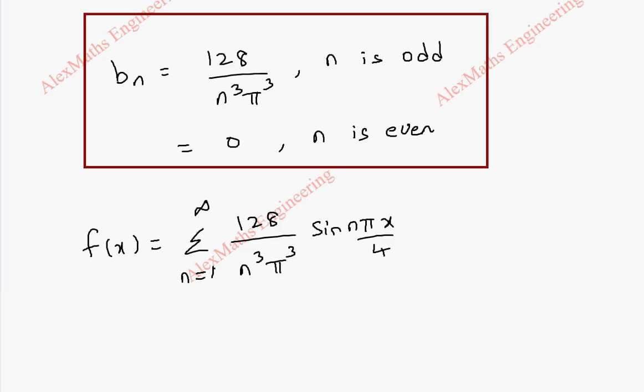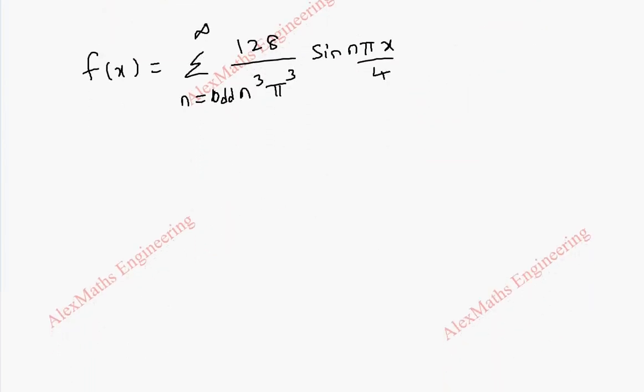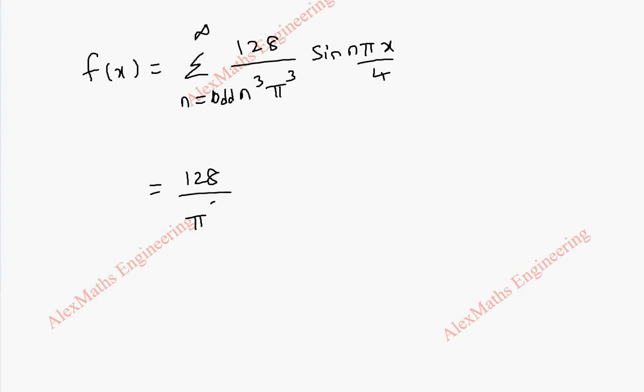But in place of 1 we have to use odd, because we have from odd to infinity. So we can take the constants outside, that is 128 by pi cube is taken outside. Now summation n equal to odd till infinity, we have 1 by n cube into sine n pi x by 4. This is our f of x.